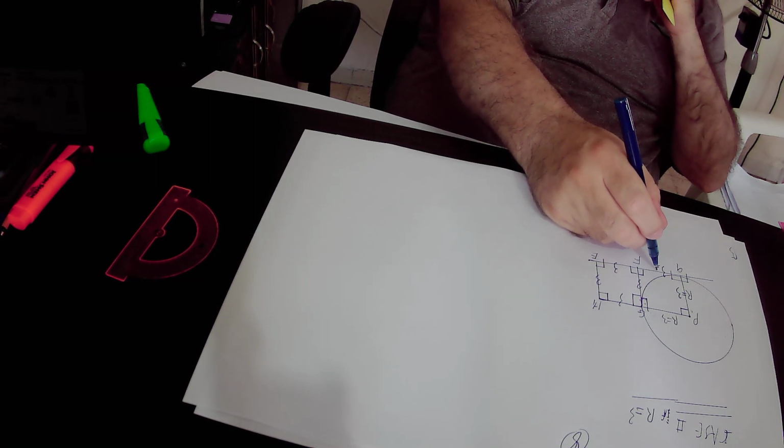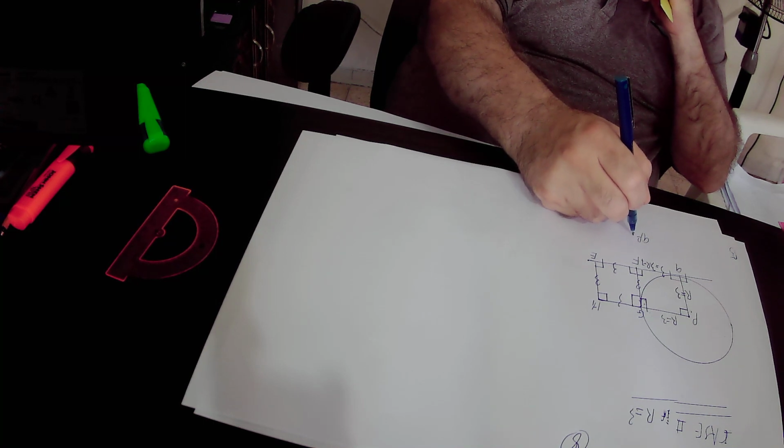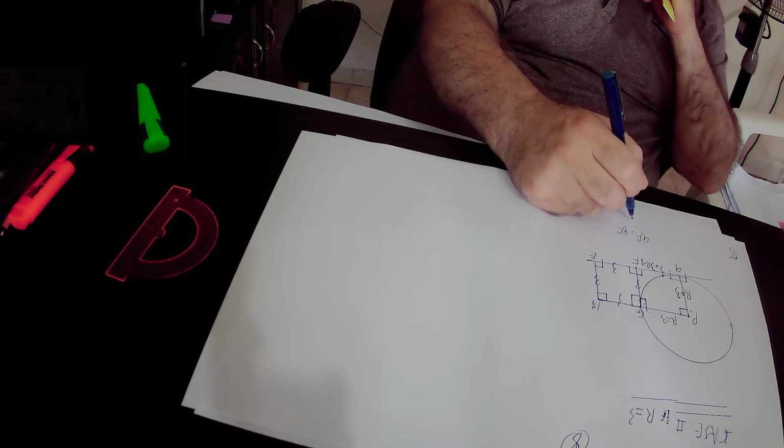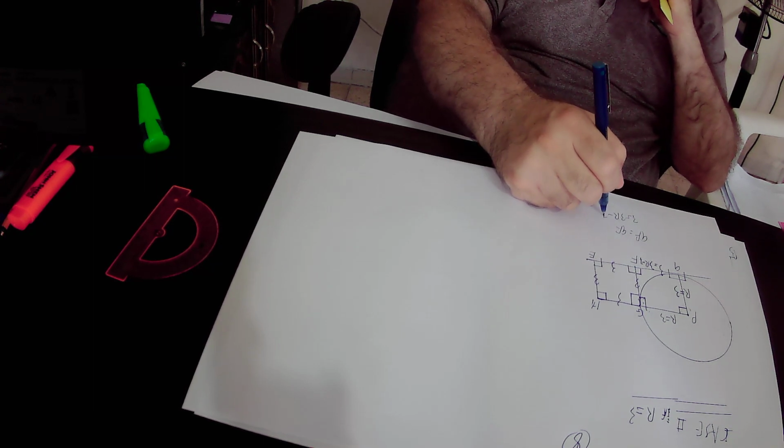From the other side, it is equal to 3R minus 7. So QF equals QF. So 3 equals 3R minus 7.